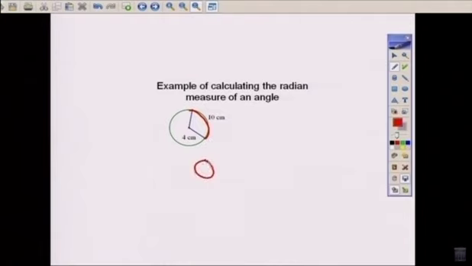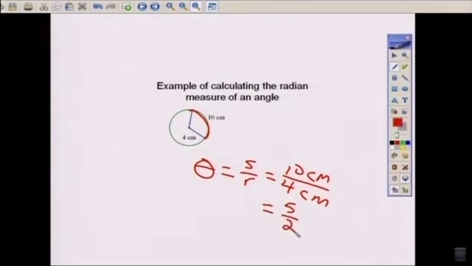We know that theta is equal to s over r, which our arc length in this case is 10 centimeters, and our radius is 4 centimeters, which yields a central angle of 5/2 radians.